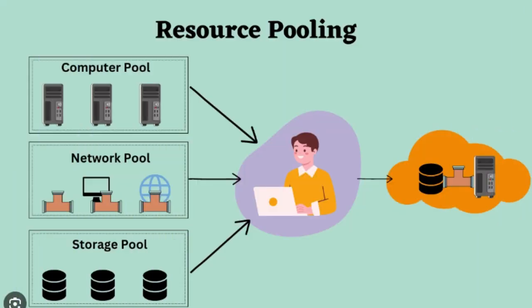Then resource pooling means cloud providers use multi-tenant models to pool computing resources and serve multiple customers. Resources are dynamically allocated and reassigned based on demand. This pooling of resources helps optimize utilization and efficiency. So basically, friends, there is a concept of resource pooling.